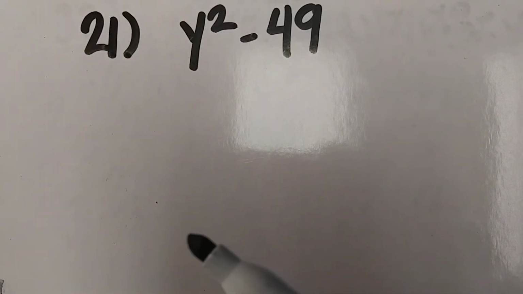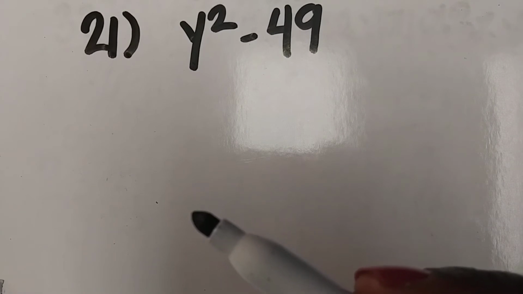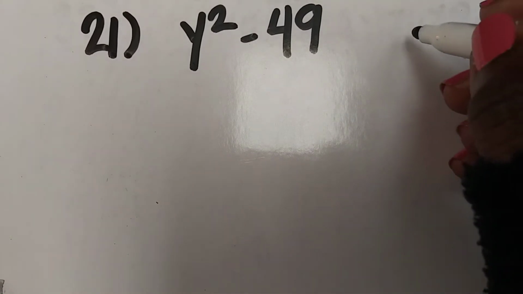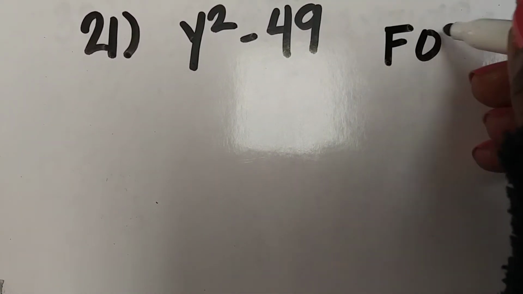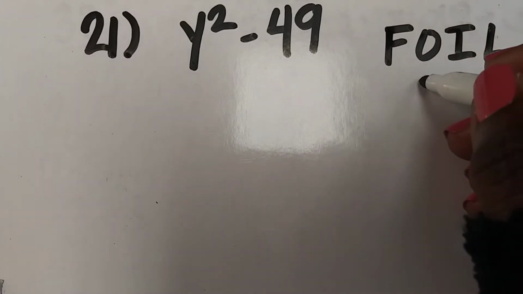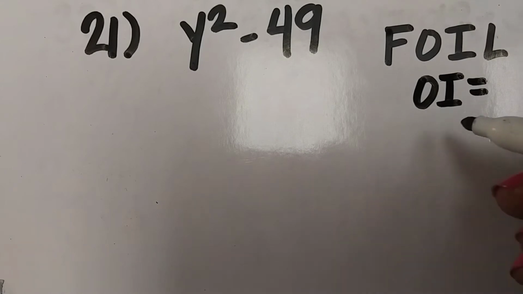Now to factor this, we want to think about that FOIL method. It gave me that term binomial conjugate. That means something. So when I see that word conjugate, I want to think about that FOIL method. And if we remember from chapter 4 notes, when I see the word conjugate, the outside and inside equals 0 every time.